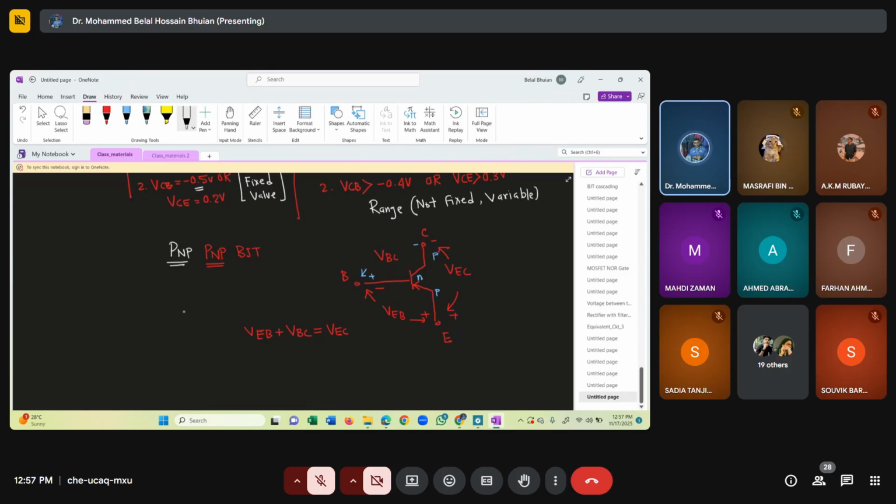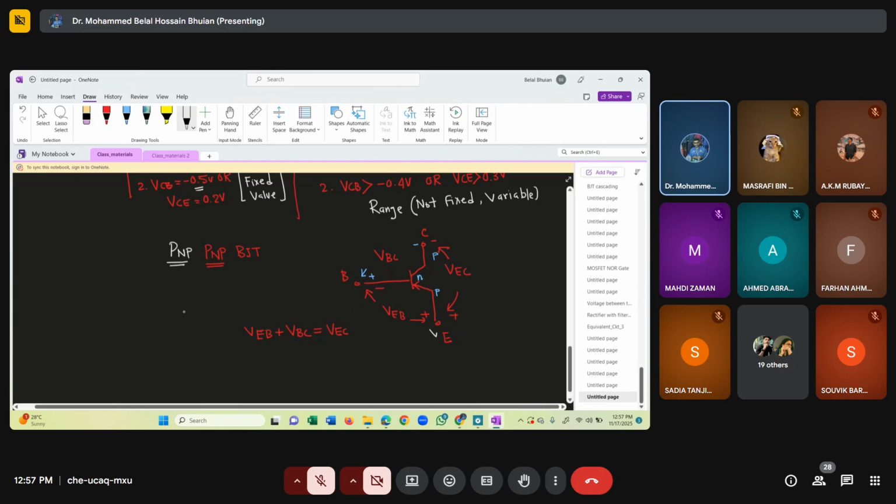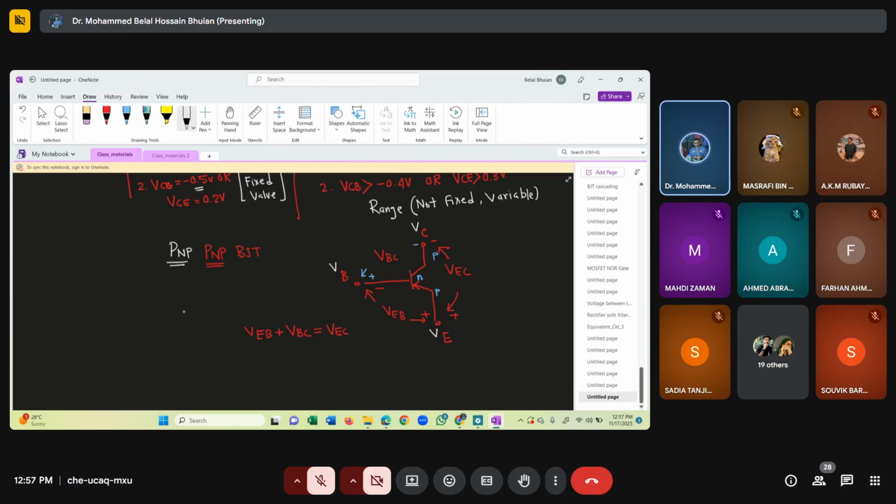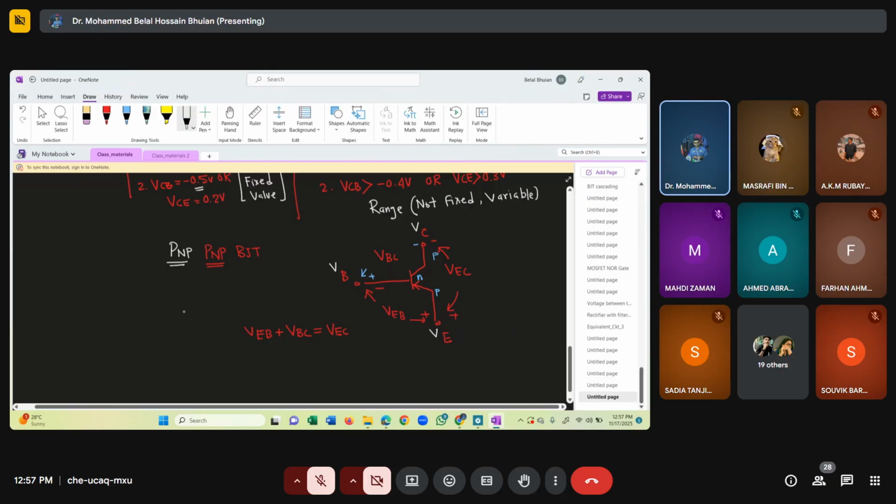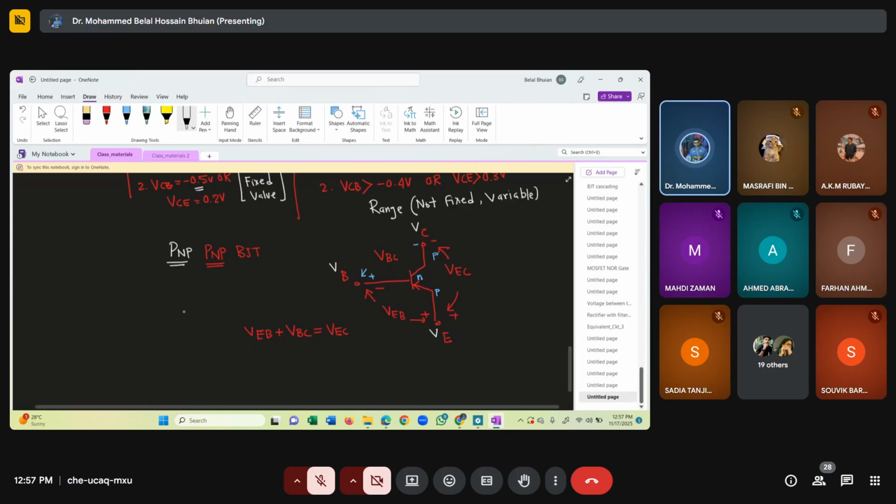P type, PNP emitter, base, collector. So the emitter, this is our VE, VB, VC. The voltage between emitter to base VEB, and it is higher potential. This is lower potential as if we make it forward bias. So P side is connected to the positive terminal, N side is connected to the negative terminal. So make emitter to base junction forward bias.